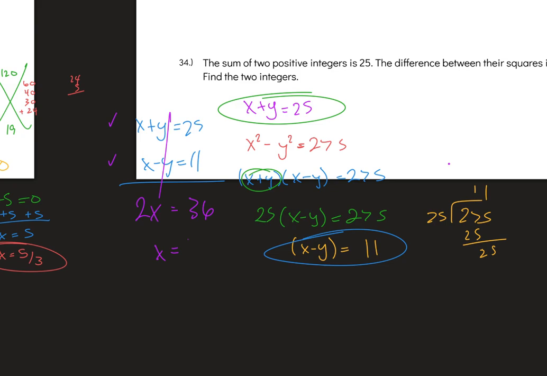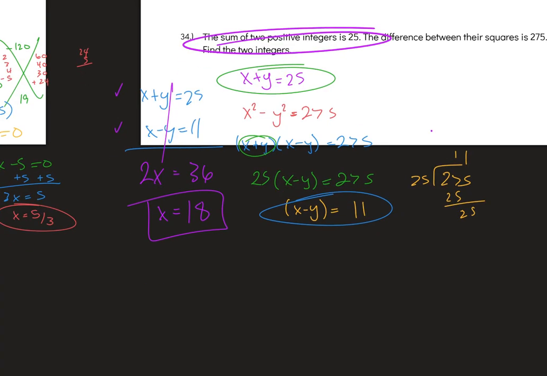So x equals 18. So one number is 18, the other number has to be 7, because when you add them, you want 25. So 18 is one number, y is 7, and that satisfies the adding one pretty easily.